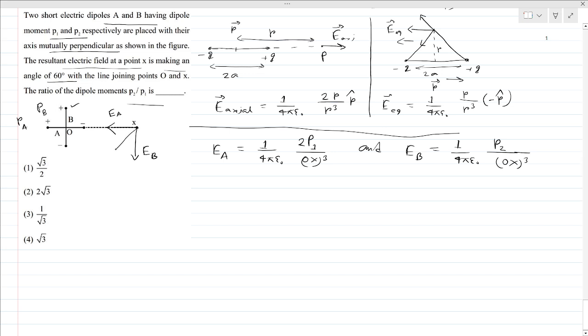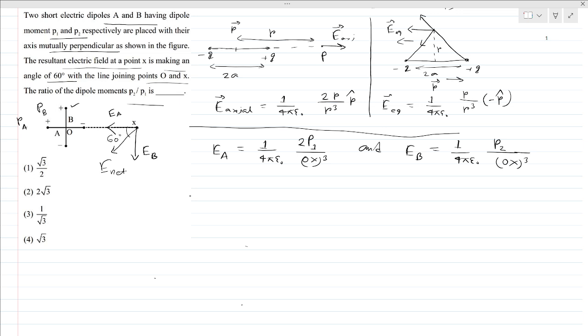According to the vector notation, the net electric field of EB and EA makes an angle of 60 degrees with the line joining O and X. That means this angle will be 60 degrees.